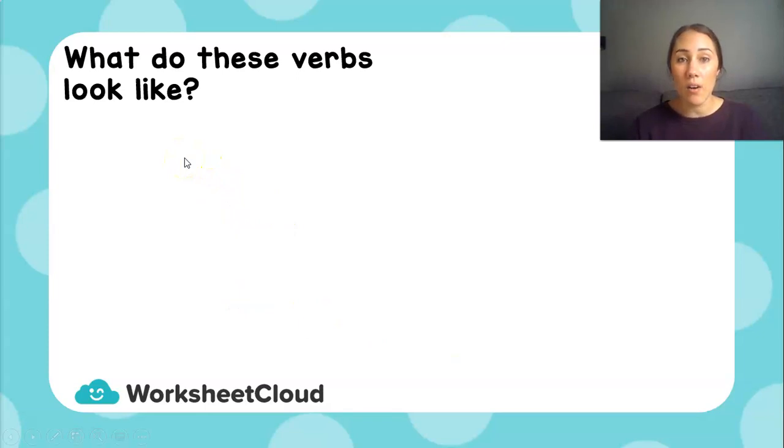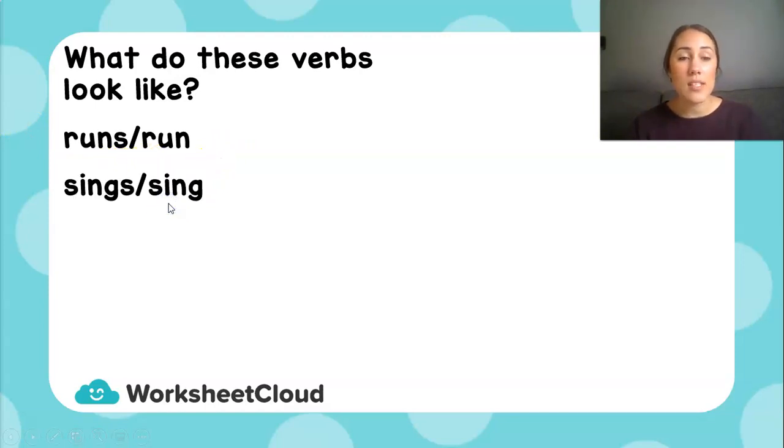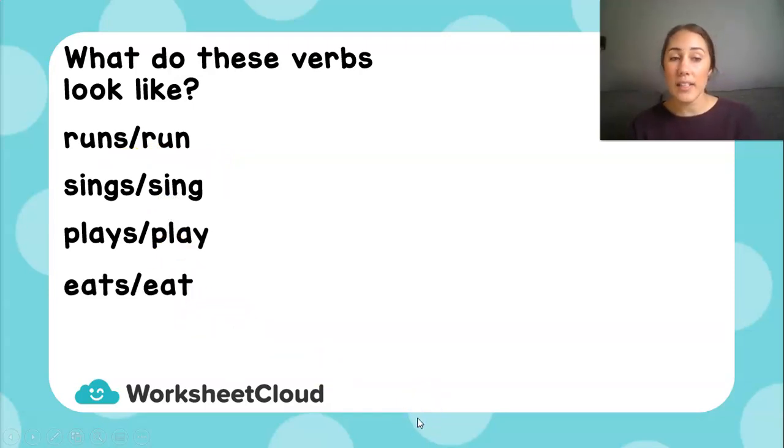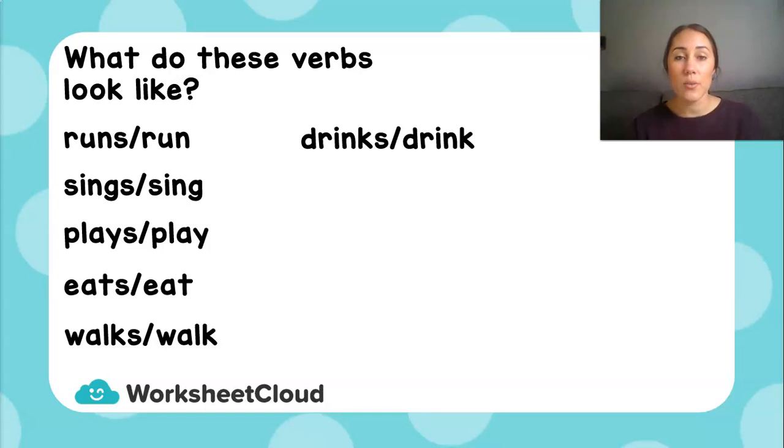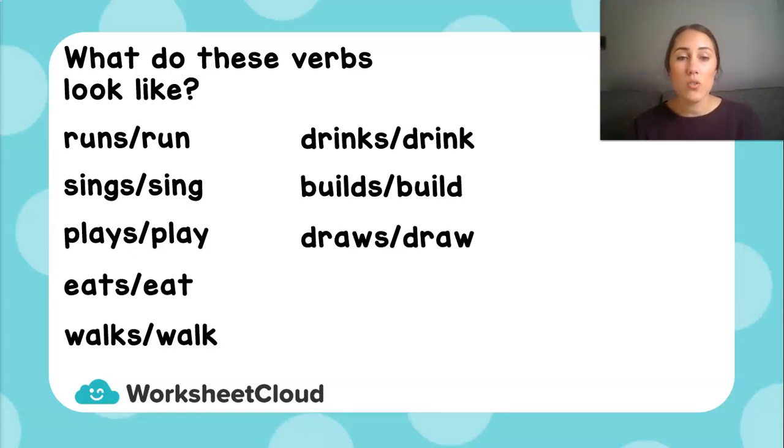If it's happening now or it happened today, the verb is going to be runs or run, sings or sing, plays or play, eats or eat, walks or walk, drinks or drink, builds or build, draws or draw, kicks or kick, and sits or sit.